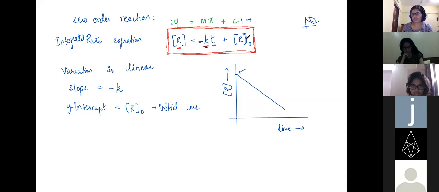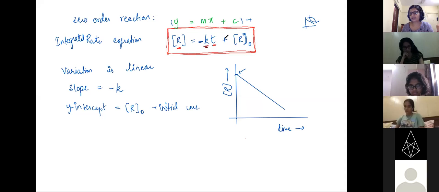You know how much initial reactant you've taken. Then you can measure time using a stopwatch. And then after a certain amount of time, you can figure out what the final concentration is. So for a zero order reaction, how will you find out the value of K? What will be the formula for K?